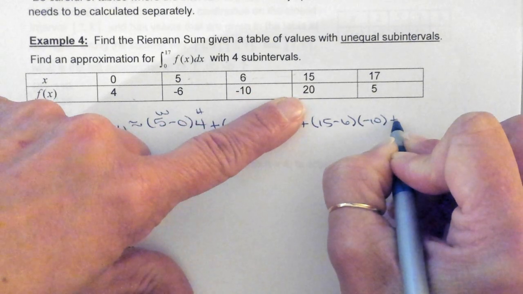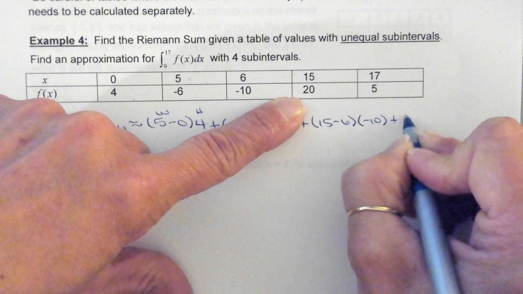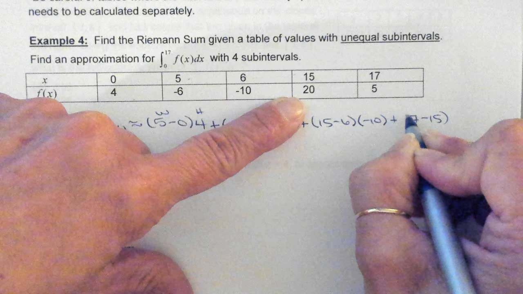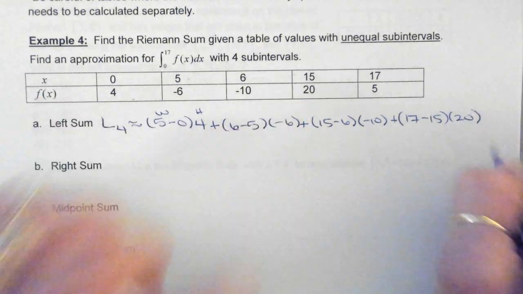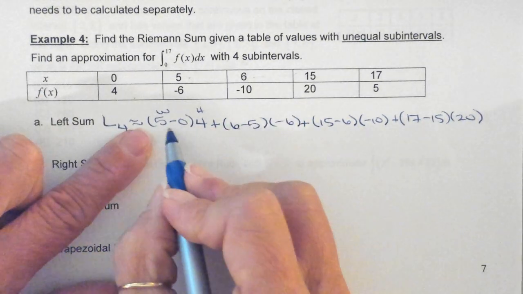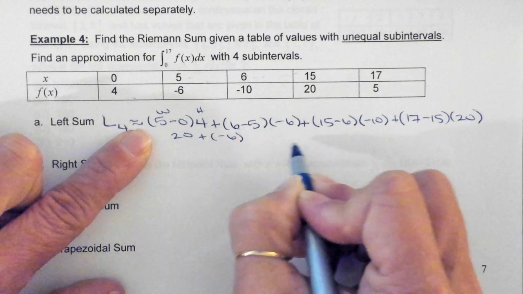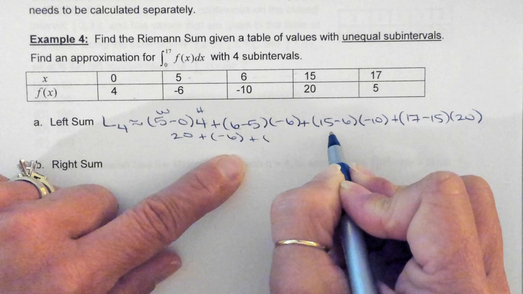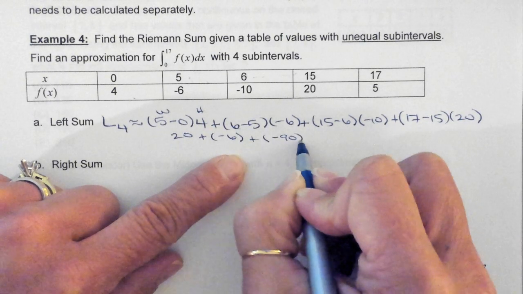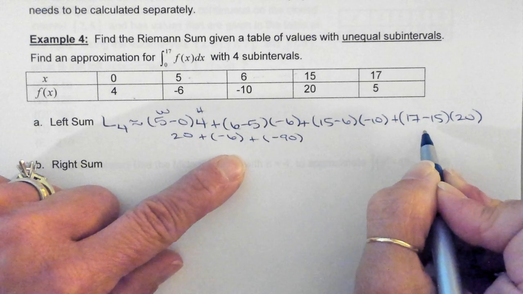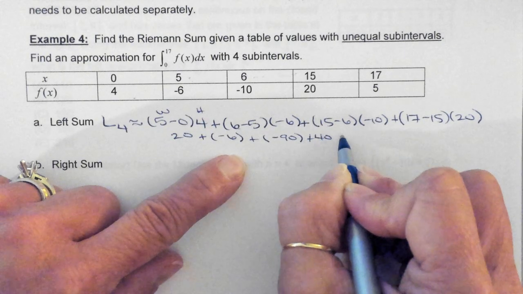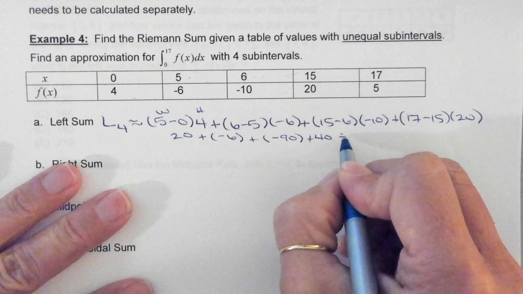Plus my last width for the left endpoint is going to be 17 minus 15 times 20. So this is 5 times 4, which is 20, plus -6, plus -90, plus 40. Can someone tell me approximately what that area is?